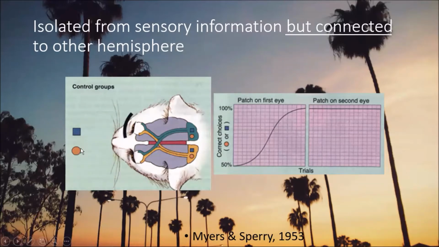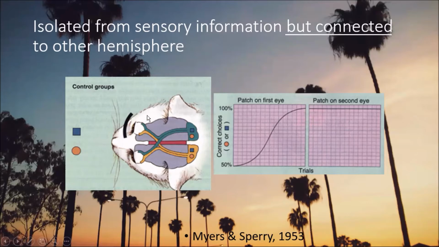Once you start off, it's 50-50, they don't know which one is the cue, and eventually they start finding out the circle tells them where the food is. It takes some time to learn. And when they finish, they get 100% accuracy, always pressing the lever that has the circle on it to distribute the food.